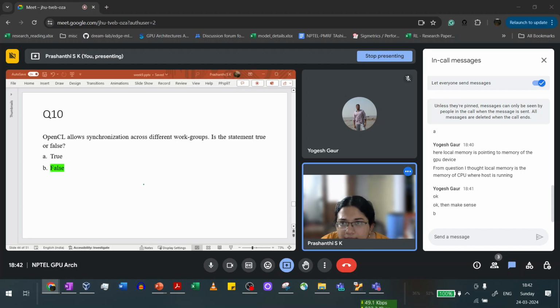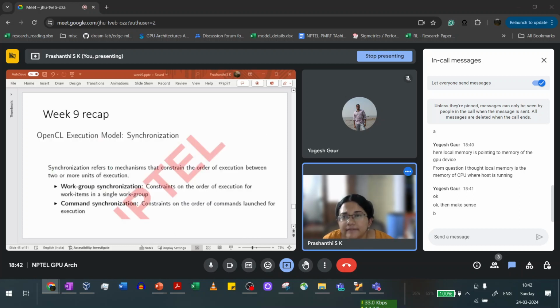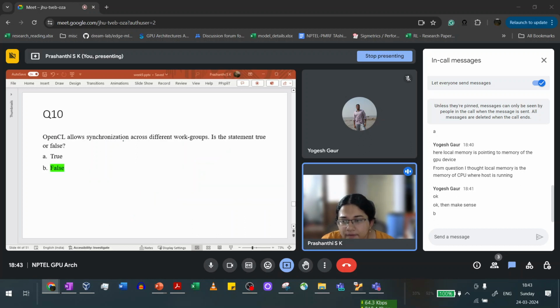That is correct. Again, as a quick recap, we have two types of synchronization provision in the OpenCL execution model. One is the work group synchronization, order of execution of work items in a work group. This is similar to what we have studied in CUDA. You could also have command level synchronization where you can have constraints on the order of commands launched for execution, but synchronization across work groups is not supported. That's why this is false.